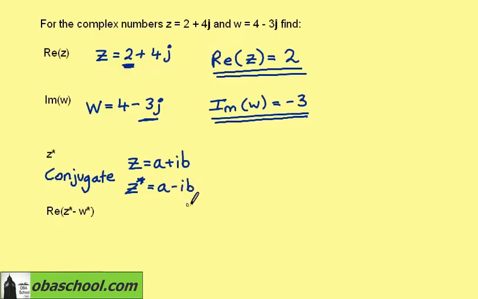So we change the sign on the imaginary part. Here we have that z is 2 plus 4j, and therefore z star is 2 minus 4j.